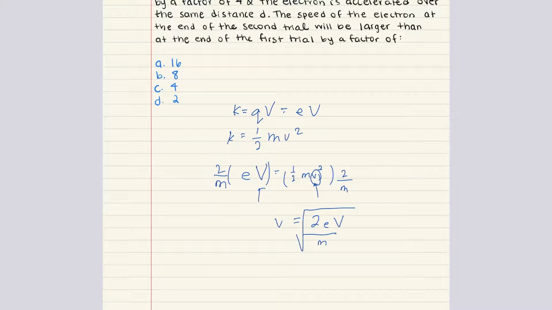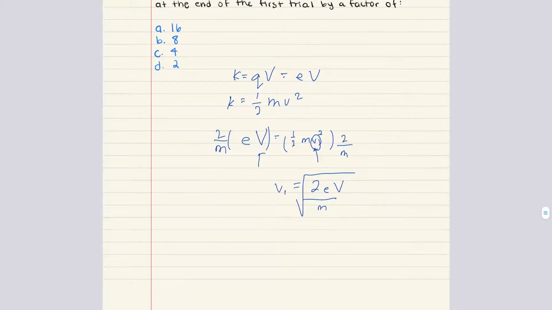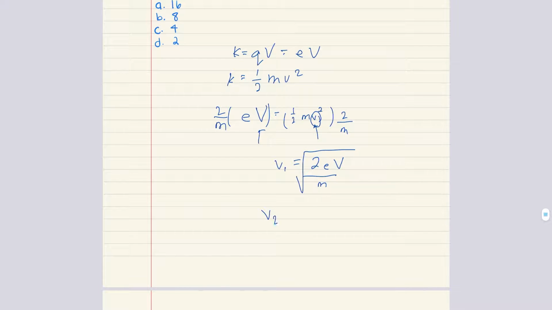Okay, now in the first trial, the electric potential is V. So the speed of the electron in the first trial is just v1 is equal to the square root of 2eV divided by m. In the second trial, though, the electric potential is increased by a factor of 4. So the speed of the electron is equal to the square root of 2e times 4V, since we've increased it by a factor of 4, divided by m.